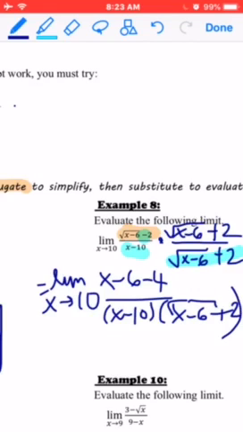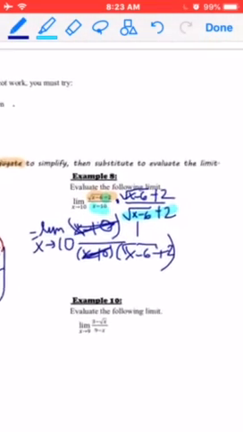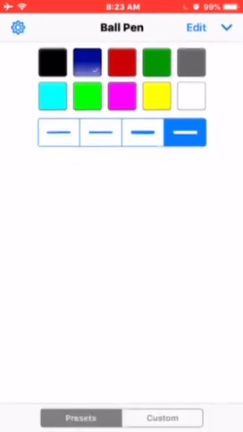As you can see, x minus 6 minus 4 is x minus 10. So those two binomials are going to cancel each other out, just like last time, and you're left with 1 on top.